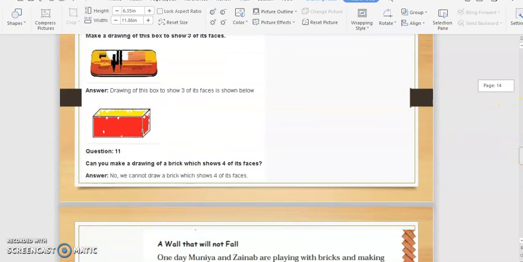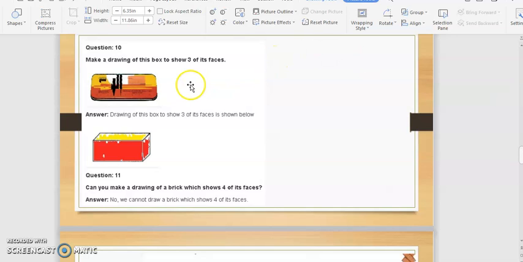Tell me. Make a drawing of this box to show 3 of its faces. If you move this compass a bit or observe this geometrical box a little carefully, you'll understand that these are the 3 faces of this geometrical box.